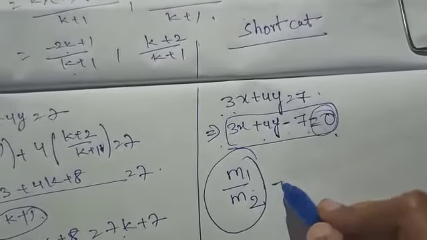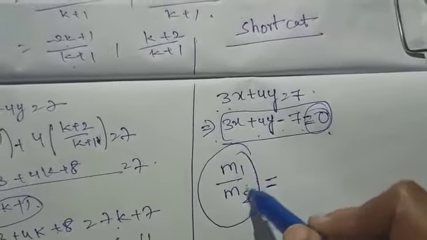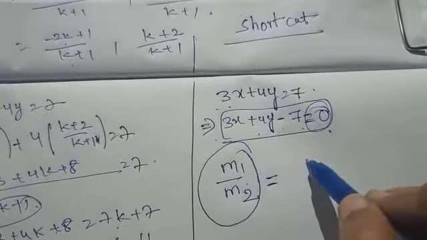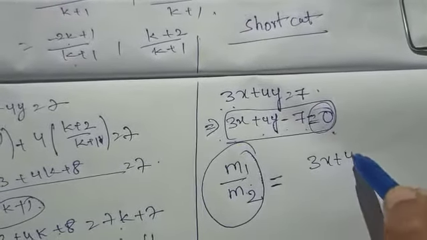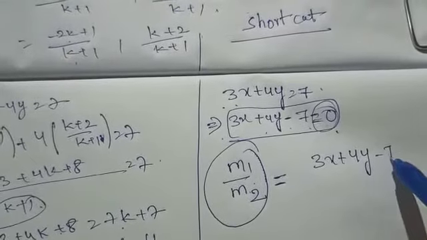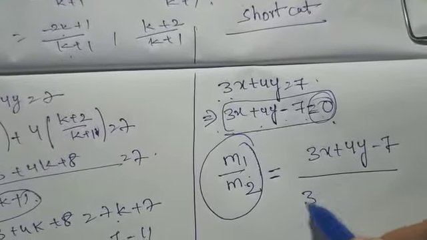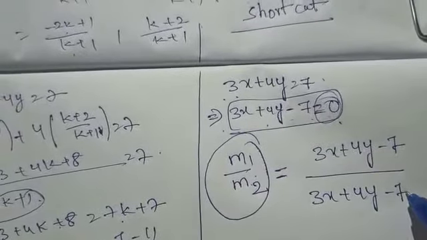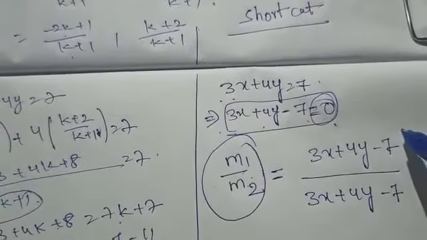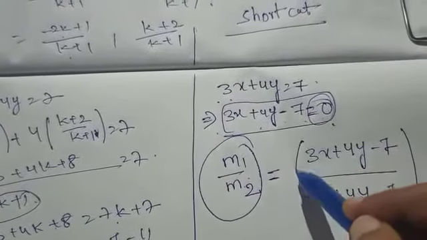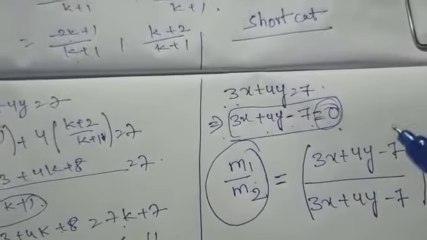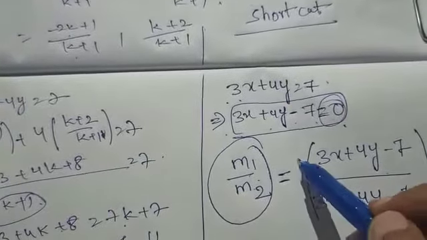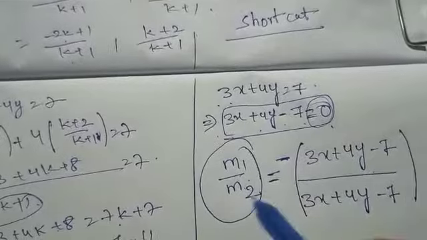So write in this format: (3x + 4y - 7) / (3x + 4y - 7), and put a minus sign in front of this fraction. This is the shortcut.